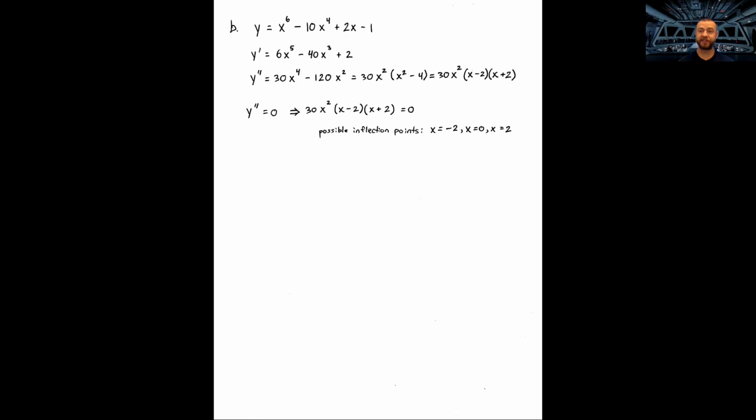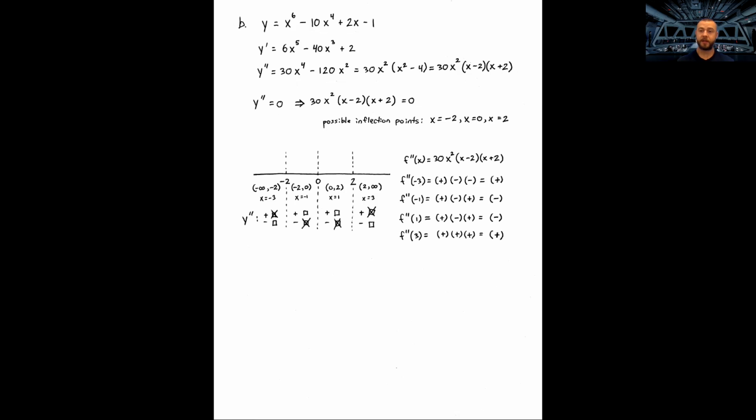With these 3 x values, we can create a sign chart, and with 3 x values, we always get one more interval. So we split our x-axis at -2, 0, and 2, and we get 4 intervals: -infinity to -2, -2 to 0, 0 to 2, and 2 to infinity.